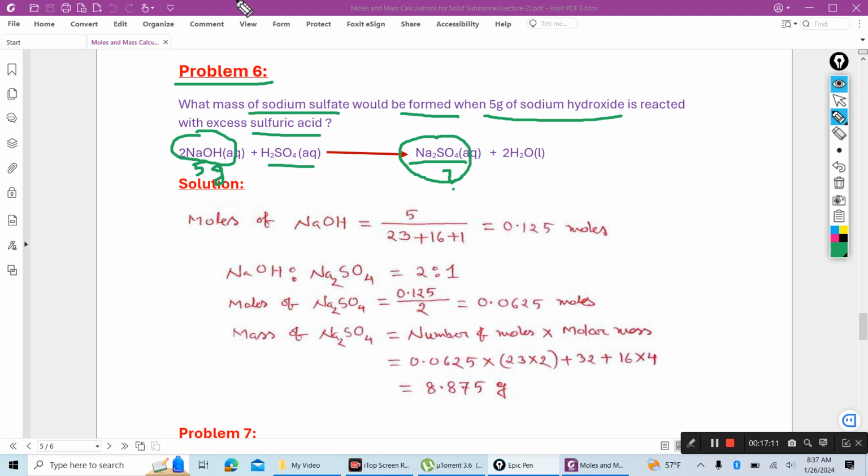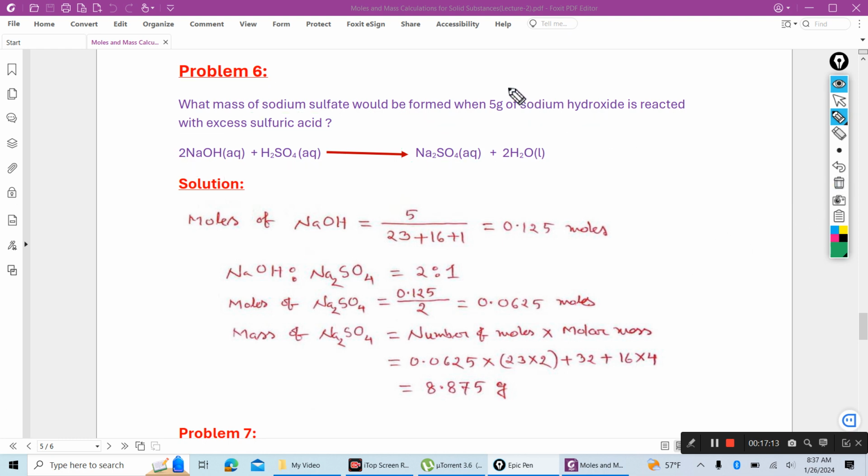As 5 gram of sodium hydroxide is given, so gram is the unit of solid, we use solid formula. If mass as gram, kg or ton is given, we will apply solid formula.